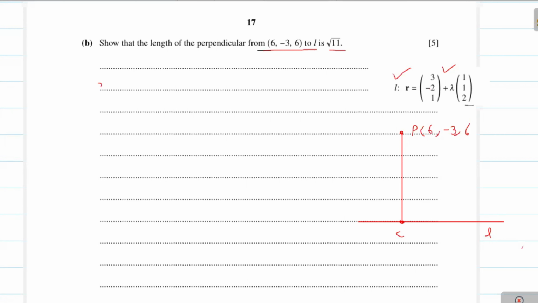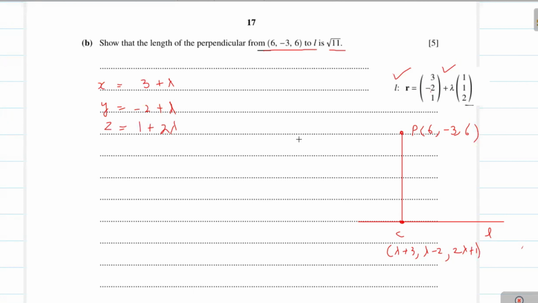The parametric form of this line L, this x will be equal to 3 plus 1 lambda, y will be equal to minus 2 plus 1 lambda, and z will be equal to 1 plus 2 lambda. The coordinates of this point C will be lambda plus 3, lambda minus 2, 2 lambda plus 1.